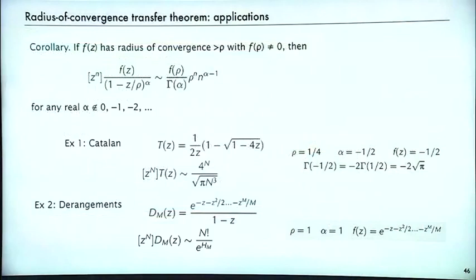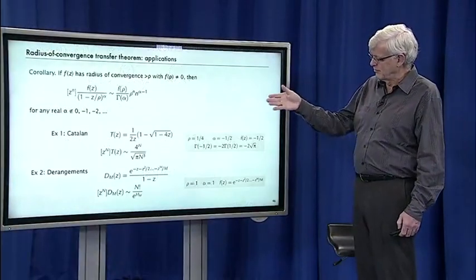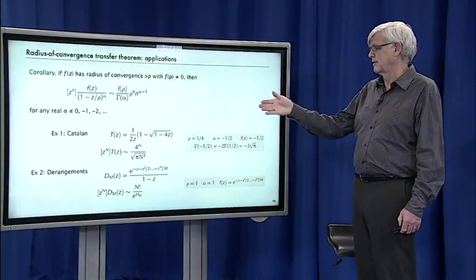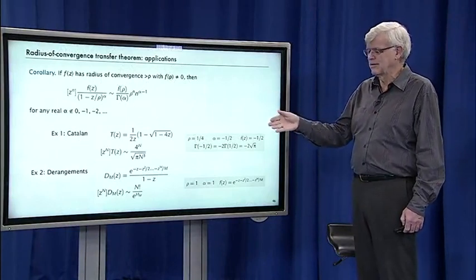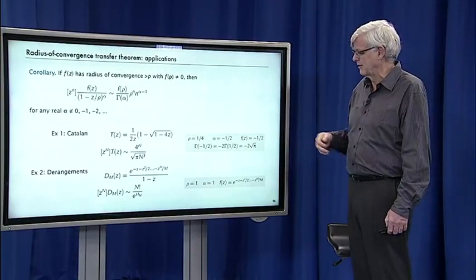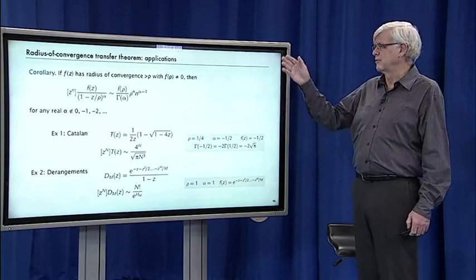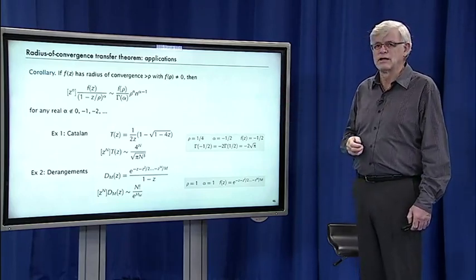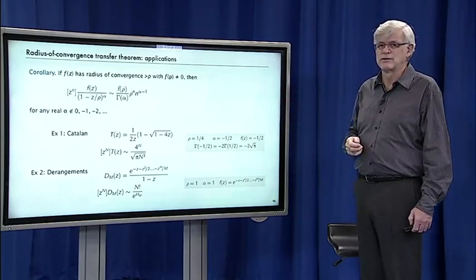That's h sub m. That immediately gives the asymptotics: e to the minus h sub m. So two problems. The first one, a lot of calculation to get there. Second one, we don't even know how to get there. Immediately through this analytic transfer theorem, we can get the result.